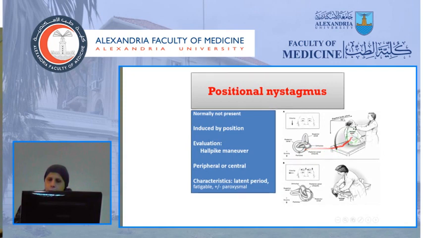When you put this person in this direction, the cupula will be pushed by the otoconia, signaling an increase in the firing rate and producing this kind of nystagmus. And once it is pushed, it will not do this again, and therefore you get a fatigue of this nystagmus.